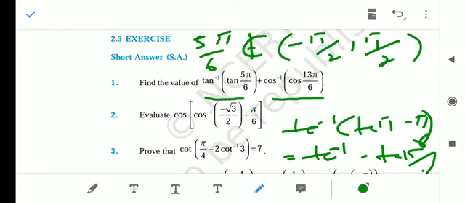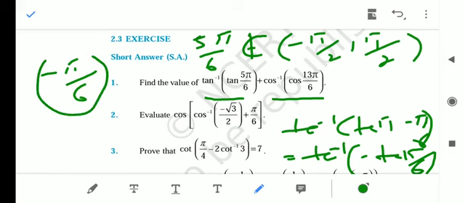And you know that it can be written as tan inverse tan of minus pi by 6, so its value will be -pi by 6. So you can see the value of tan inverse tan 5 pi by 6 is -pi by 6.